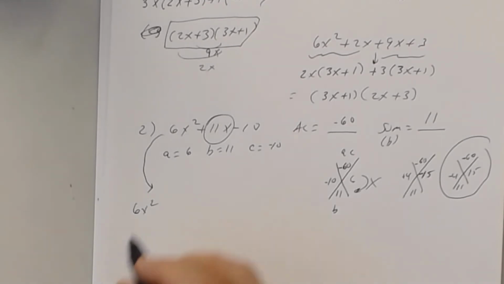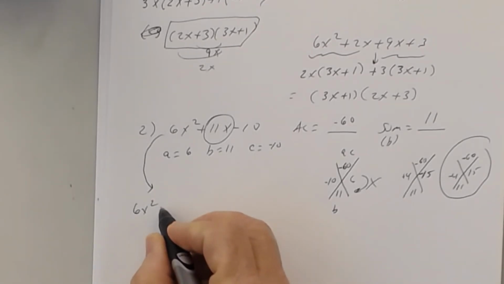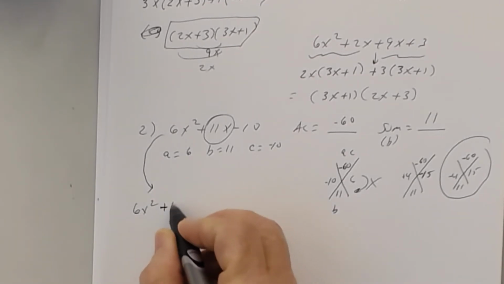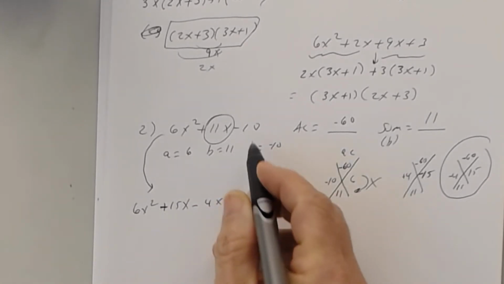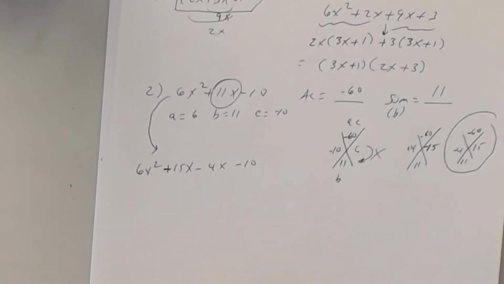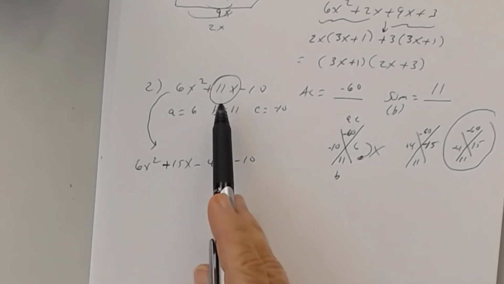What are they? 6x squared plus 15x minus 4x, and then minus 10. Someone else could have said 6x squared minus 4x plus 15x and then minus 10. Doesn't matter. You'll get the same factorization in the end. Just double check that 15x minus 4x is still 11x.